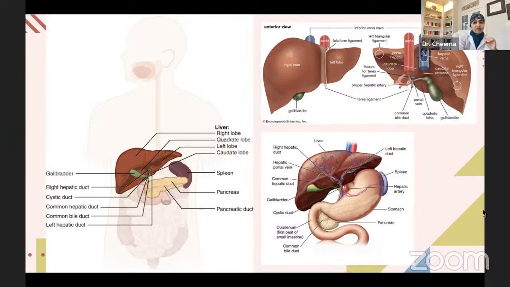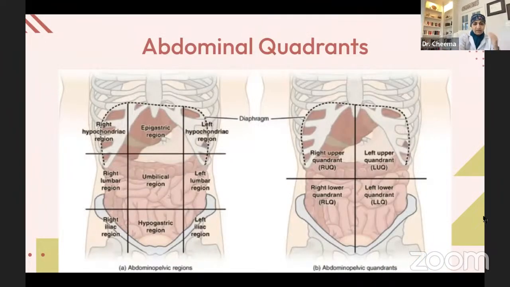So the human abdomen is divided into quadrants and regions. There are 4 quadrants: right upper quadrant, right lower quadrant, left upper quadrant, left lower quadrant. And there are 9 abdominopelvic regions as well, you can see in this diagram. The division into 4 quadrants allows the localization of pain, tenderness, any scars, any lumps, and this is how we can narrow down which organs are lying in which quadrant, and which organs and tissues are involved when a patient presents with those symptoms.